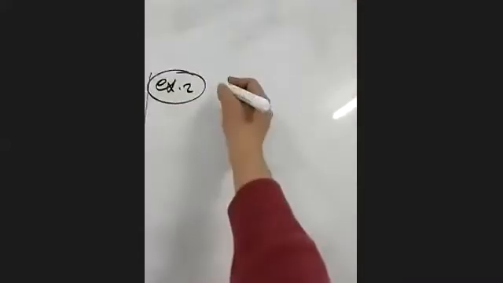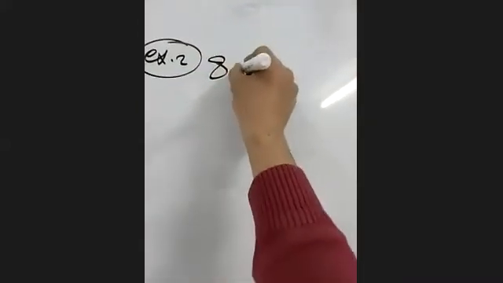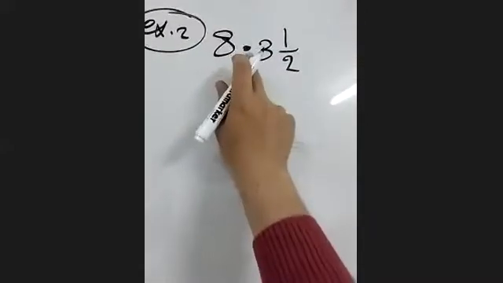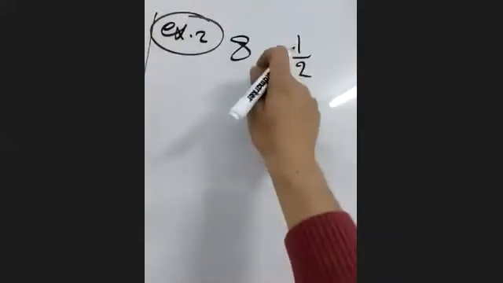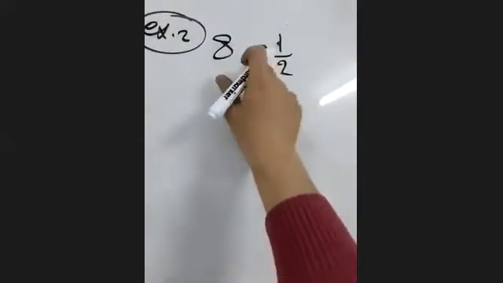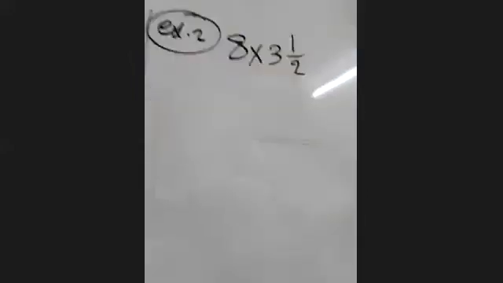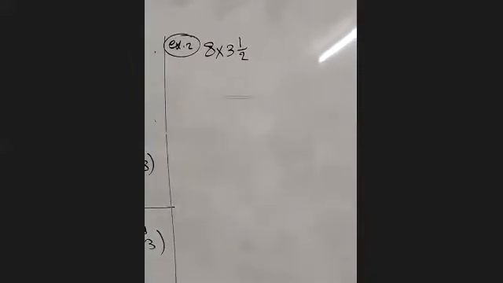For example 2, we want to multiply 8 by 3 and a half. If you see the example, 8 dot 3 and a half. This dot means what? It is not decimal. It is multiply. Now how will I deal with it?